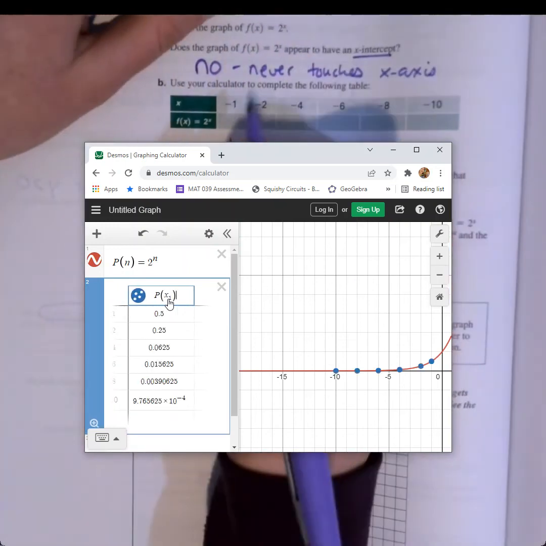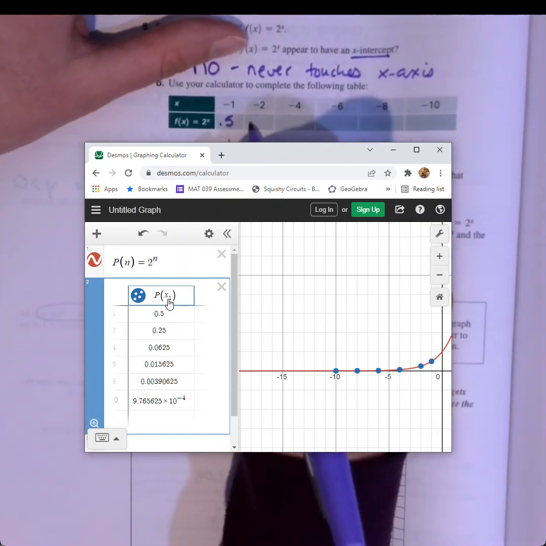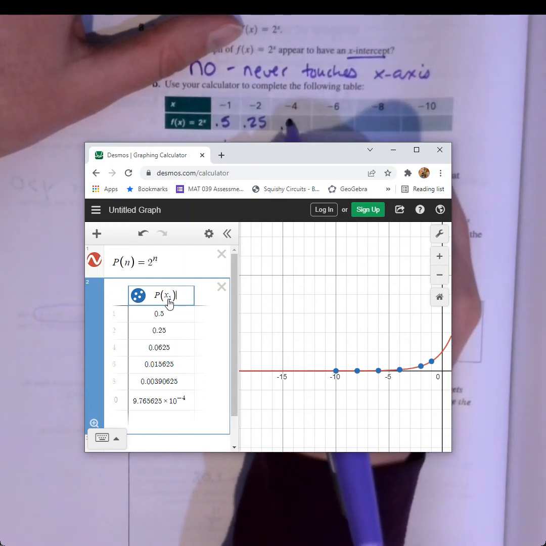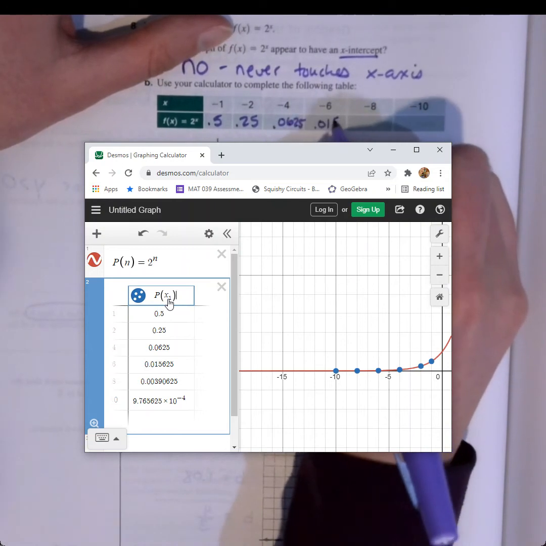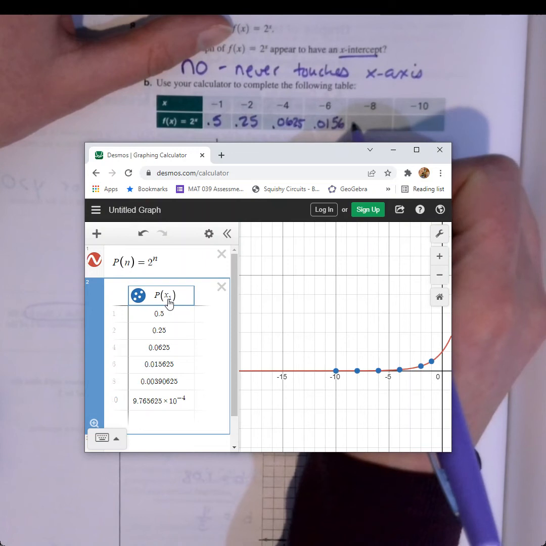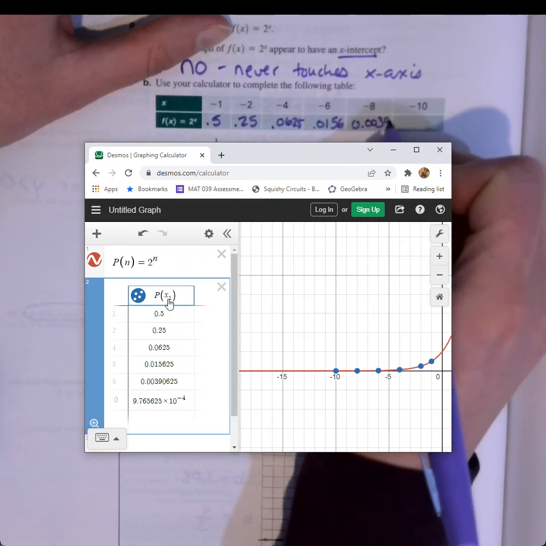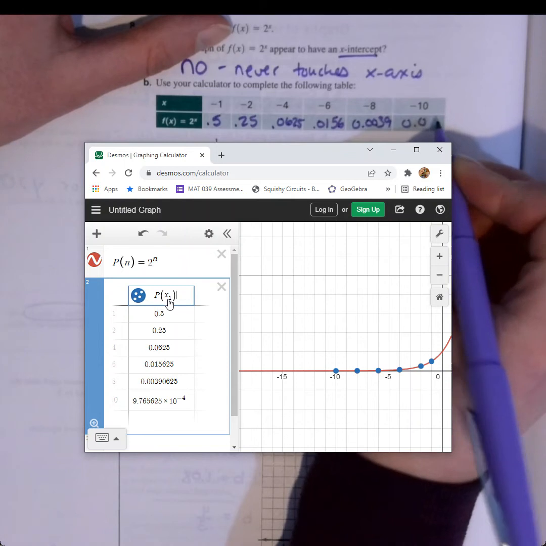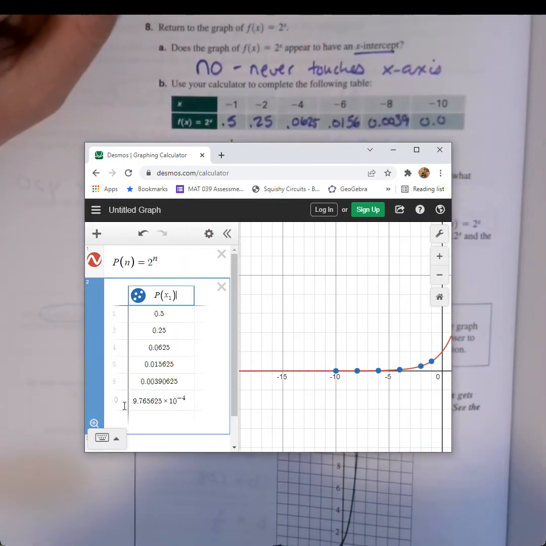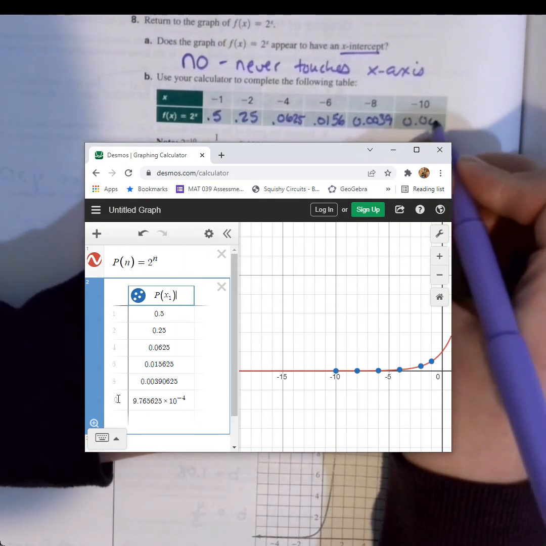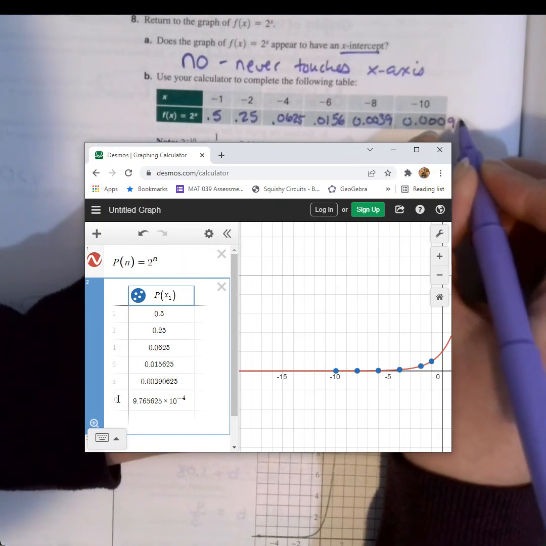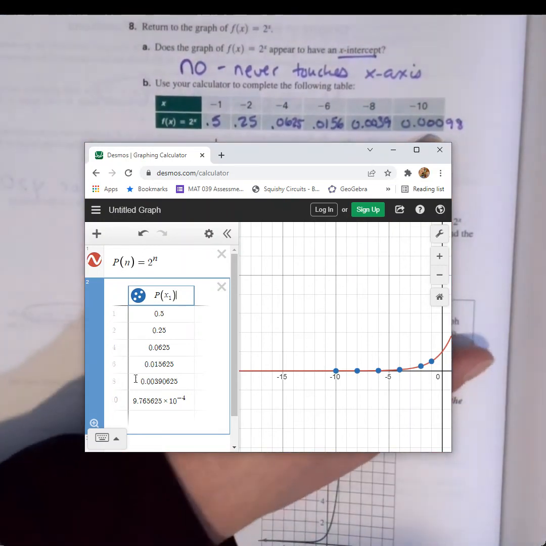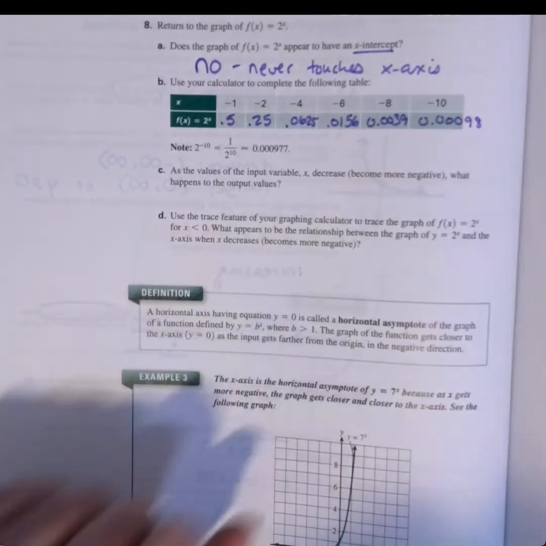So our output values: for -1, 0.5; for -2, 0.25; for -4, 0.0625; for -6, 0.0156 and so on; 0.0039 and so on; and that one's in scientific notation, but I can put 3 zeros, then my 9, 0.0000977. Or how about 98, just to get one more digit there. Okay, so they're getting quite small.